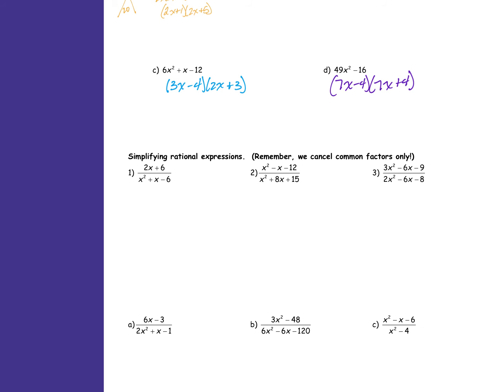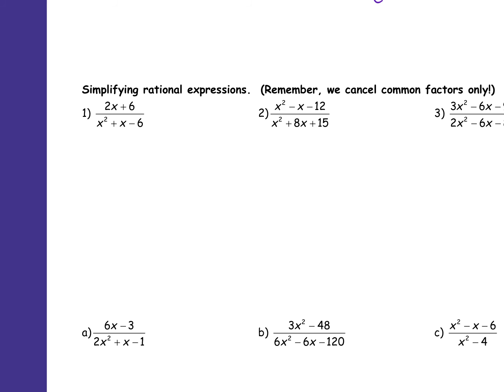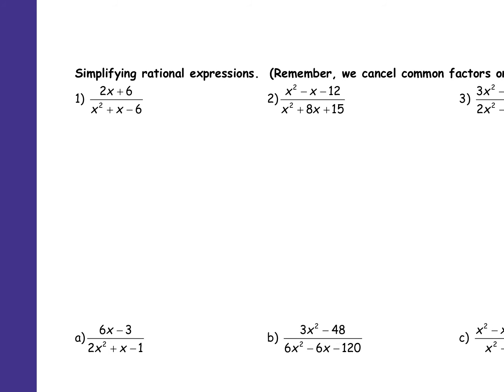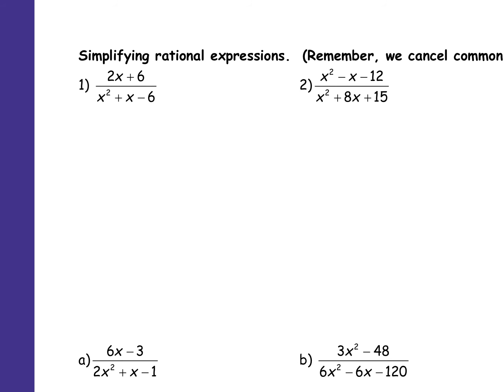That's pretty much all we're going to do: factor, then cancel anything in common, and that's our answer. We factor the top, factor the bottom, cancel out, or make ones. I hate the word cancel because we're making ones. If there's nothing left in the top, I put a 1 there.